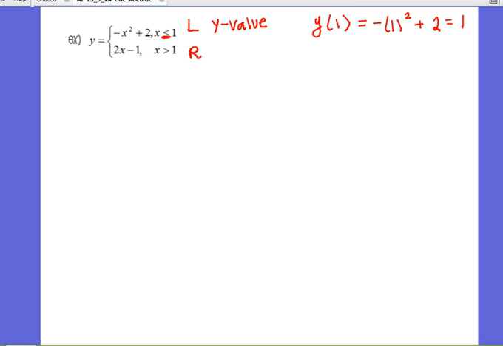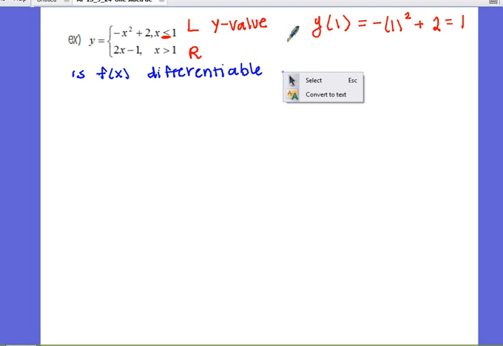Now, if you remember in class, I said, for some of you who are a little confused, the question would be: is f of x, or y function, differentiable, meaning does the derivative exist, at x equal to 1.